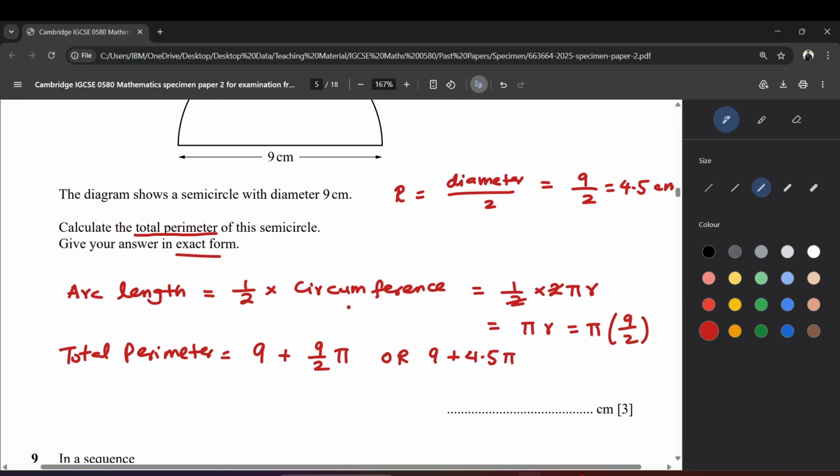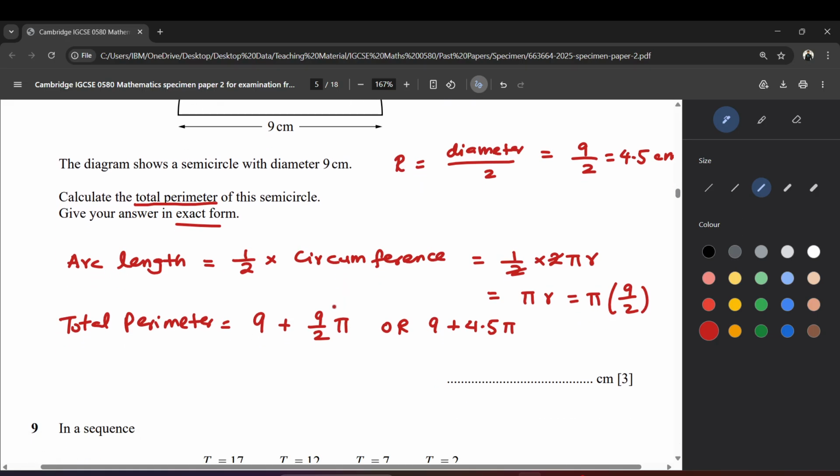Now, arc length I've worked out in a different way. If you want, you can also use the general formula that we use, right? Okay, I just recalled something. The formula for arc length and area of sector is something which is not given to you in the list of formulas, right? So this is something that you should know.